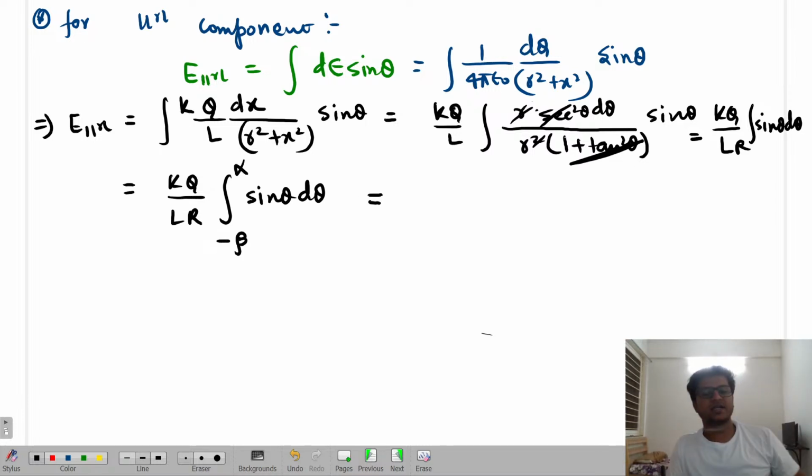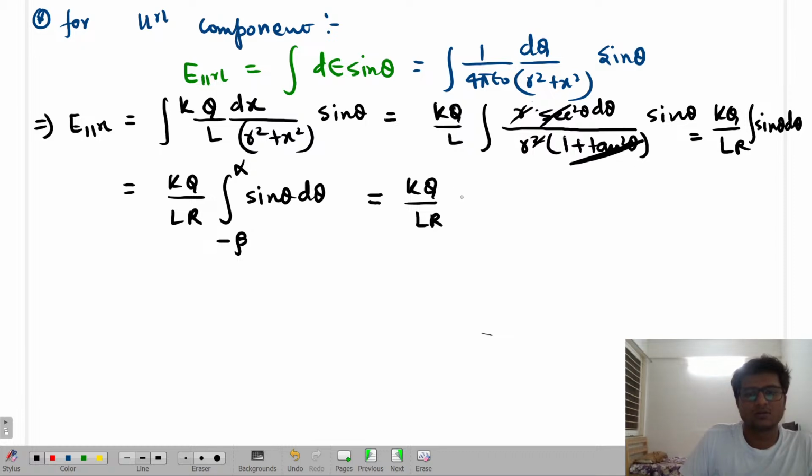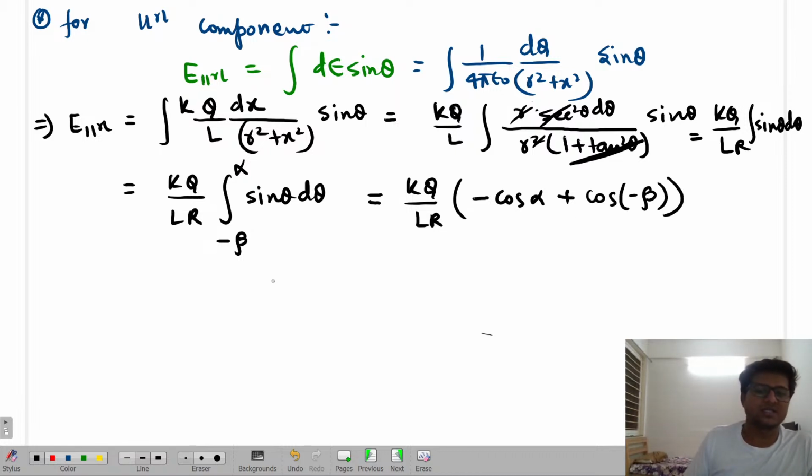The integration of sin theta is what? Minus cos theta. So I'll be left with kq by lr, minus cos alpha plus cos of minus beta, and cos of minus beta is simply cos beta.